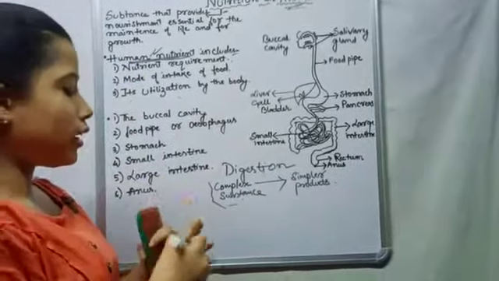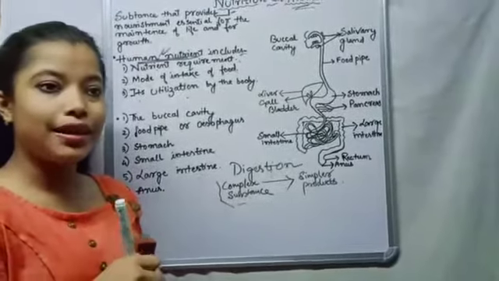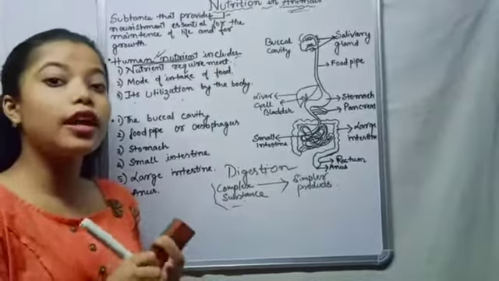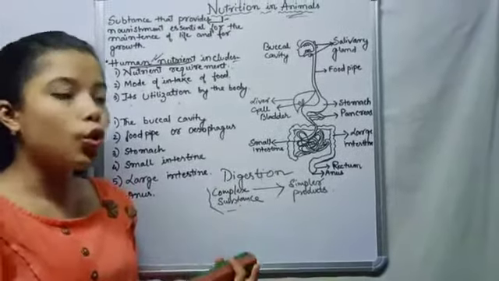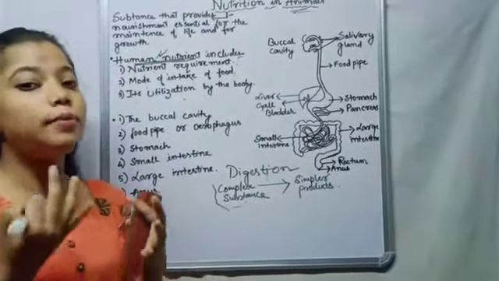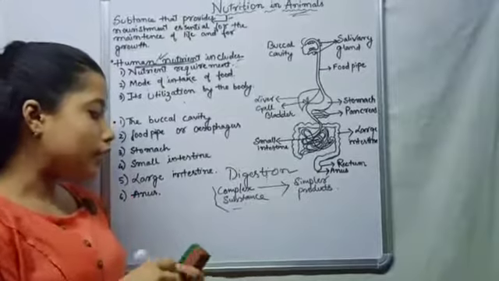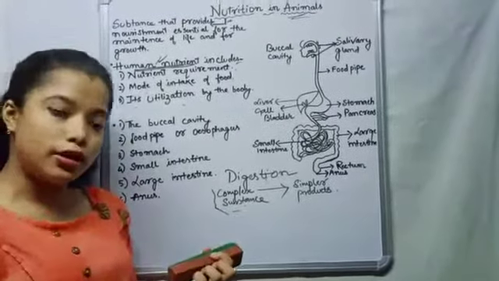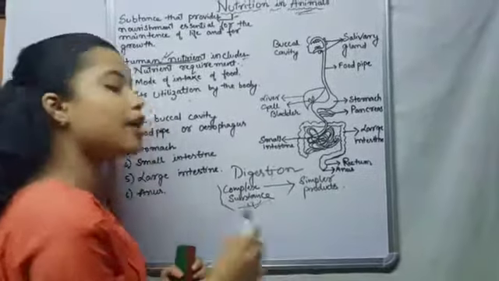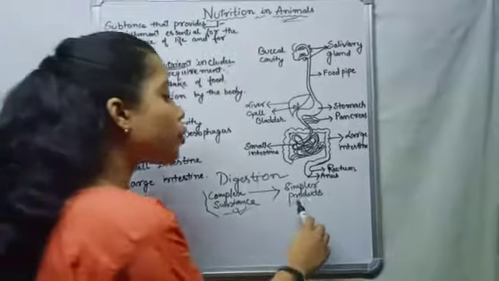Now let me take an example. The food which we are taking in, mainly components of the food such as carbohydrate, is a very complex substance, so it is not generally absorbed by our body. In order to be absorbed by our body, we need to convert the complex substances, such as carbohydrates present in our food, into simpler products.